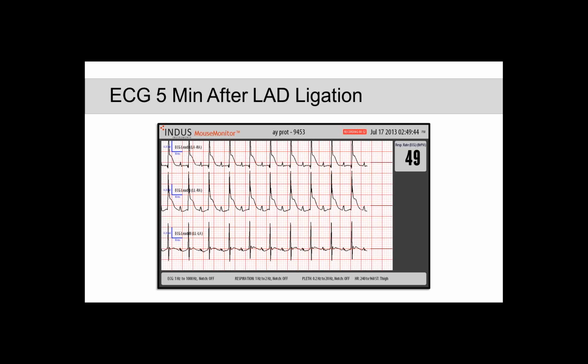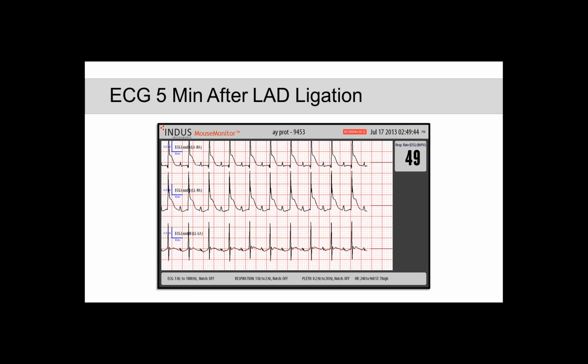Very similar to what you would see in humans, the mice in the permanently occluded model develop ST segment elevation within minutes of the MI. So this monitor is a very nice way for us to document proof of MI. When you're tying the coronary artery of a mouse, it's very, very small, and sometimes it's a little bit of a guess as to where you're tying off.